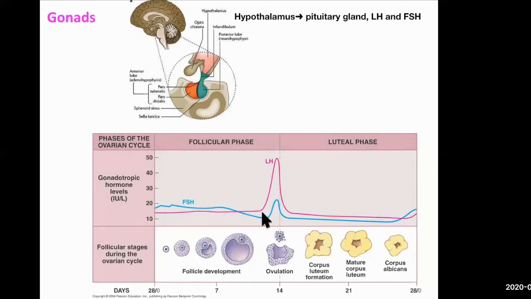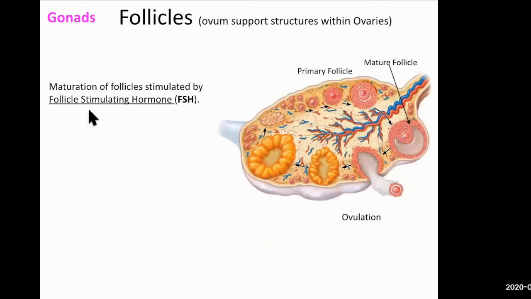Follicle stimulating hormone is going to promote this whole maturation cycle, right? When you look at these cartoons, it shows an arrow going around the ovary. It's happening randomly. They're not moving around in a circle or anything. They're just maturing, and they're doing it based on follicle stimulating hormone.